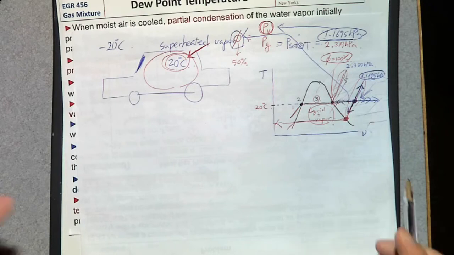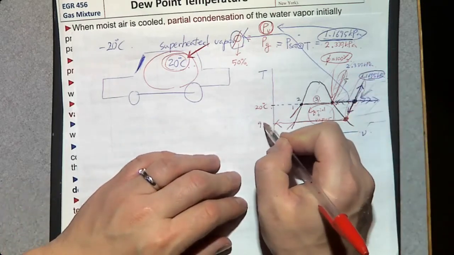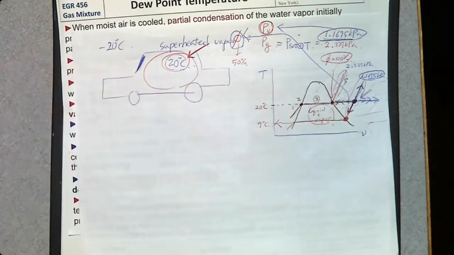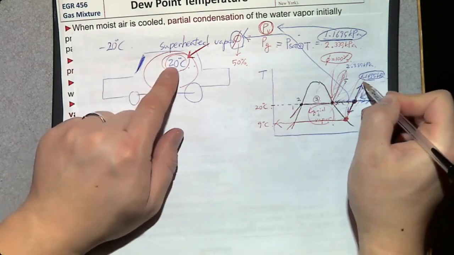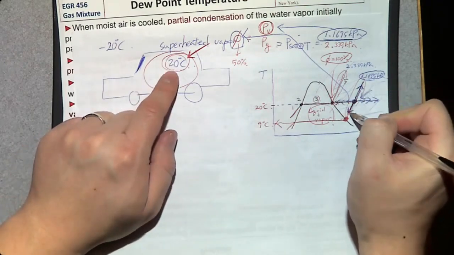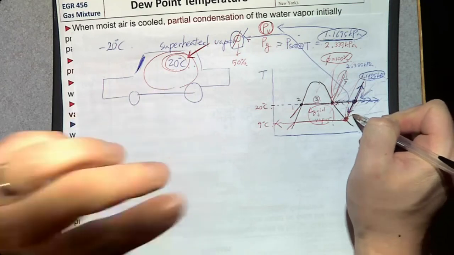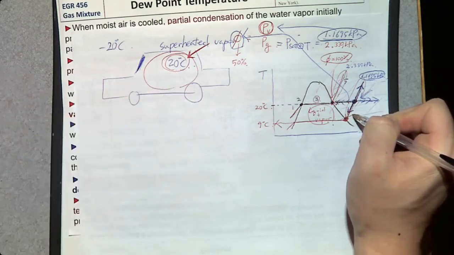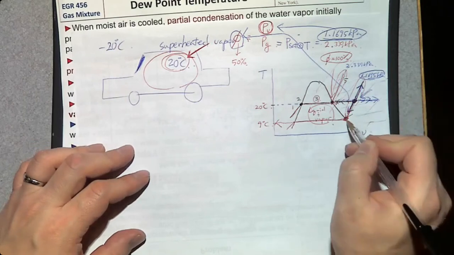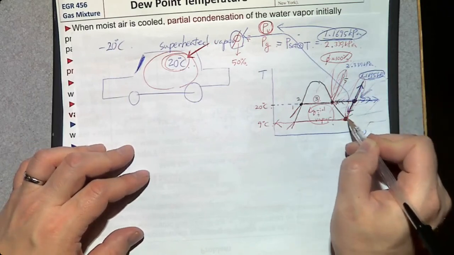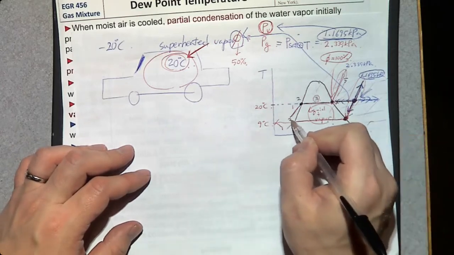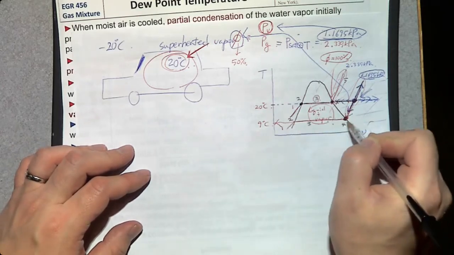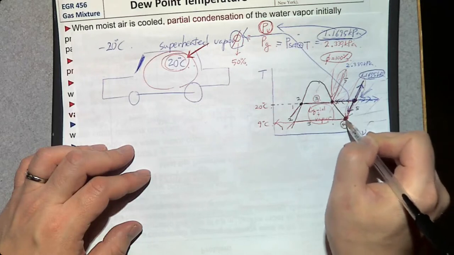It's going to be 9 degrees Celsius, approximately. So if you decrease the temperature inside the cabin down to 9 degrees Celsius without adding or removing moisture, the water vapor is going to hit this point, saturated vapor.